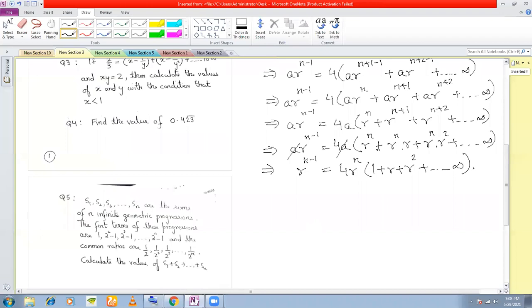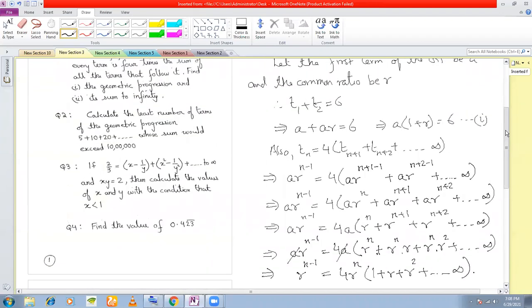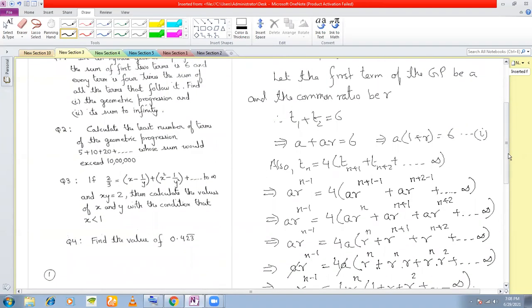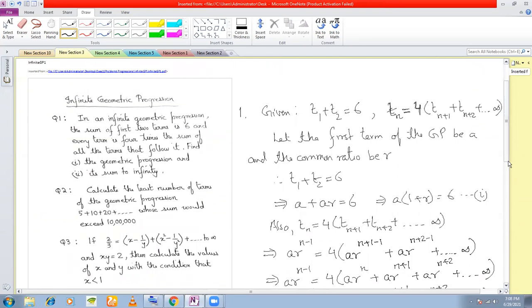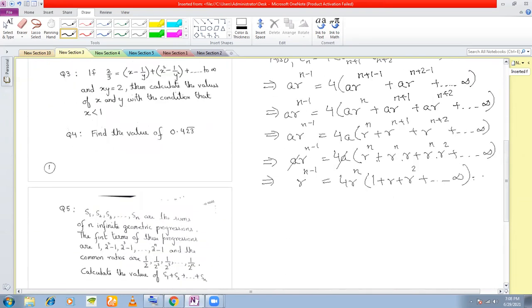Let's call this 2. Now you see that 1 plus r square plus up till infinity is an infinite GP whose first term is a, where let's say a is equal to 1 is the first term.